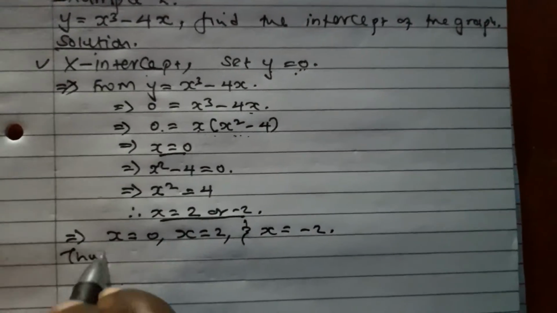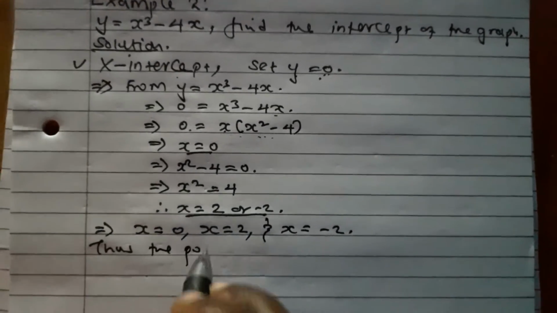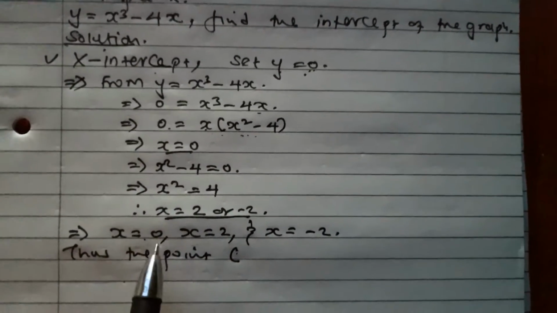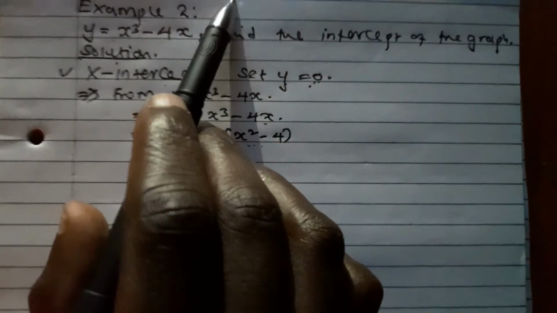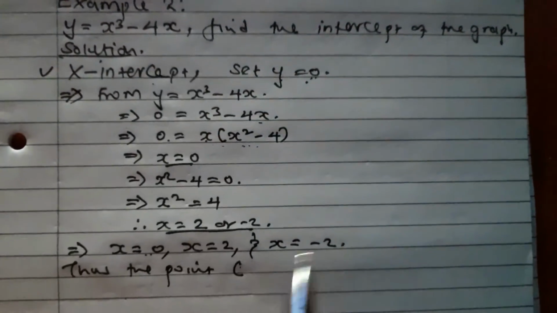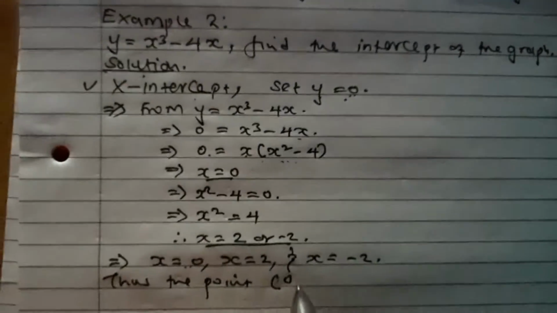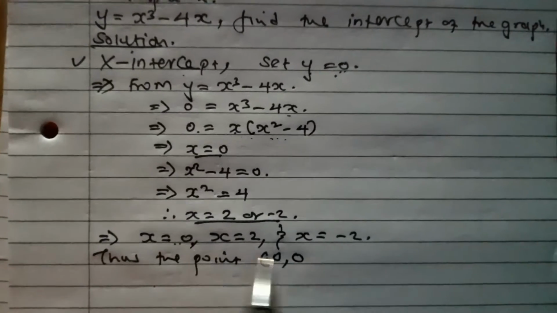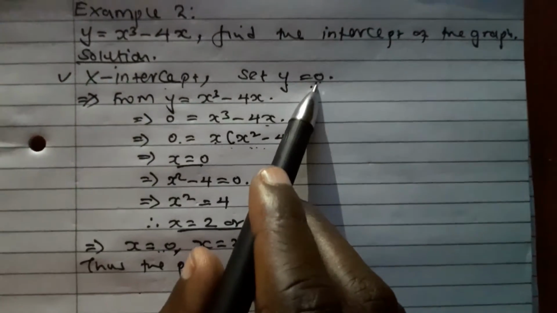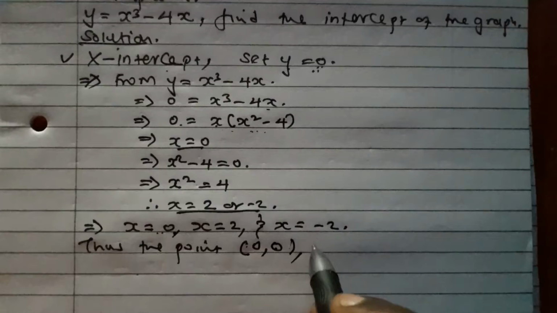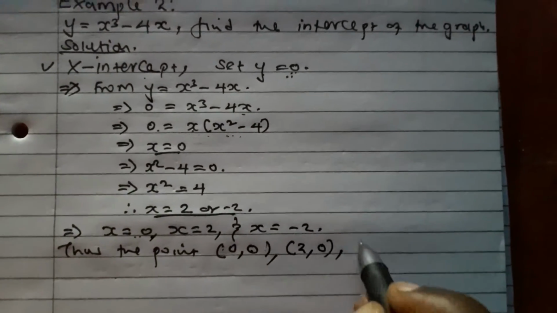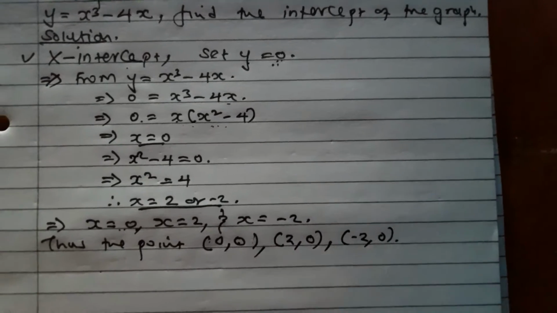So thus the points, we want to write this in coordinate form, because the x-intercept is given in coordinate form. So the point will be 0, 0, because the x value is 0, and of course the y value is 0 here, and the other point is 2, 0, and the final point will be negative 2, 0.